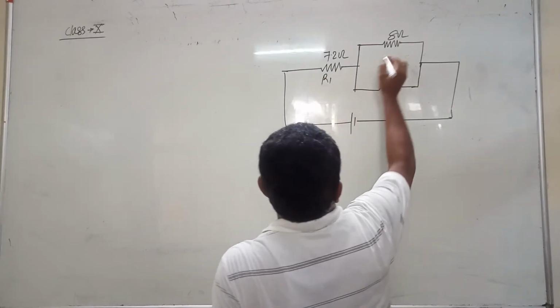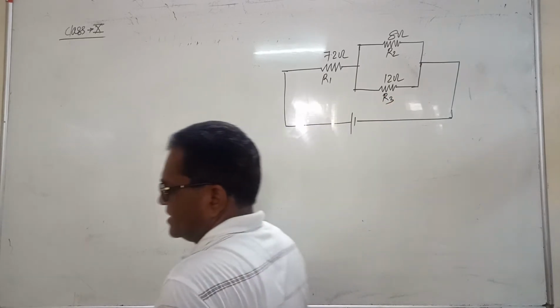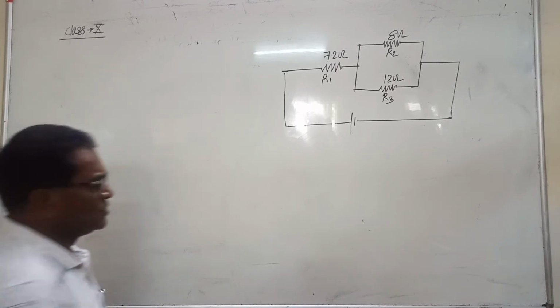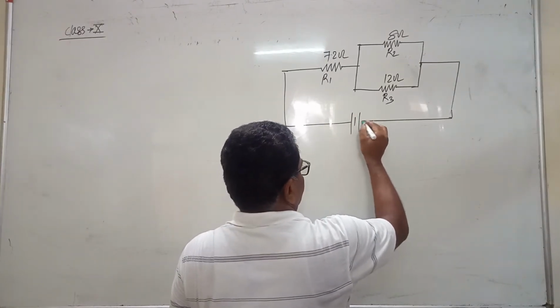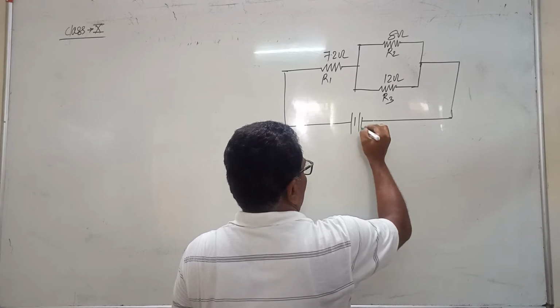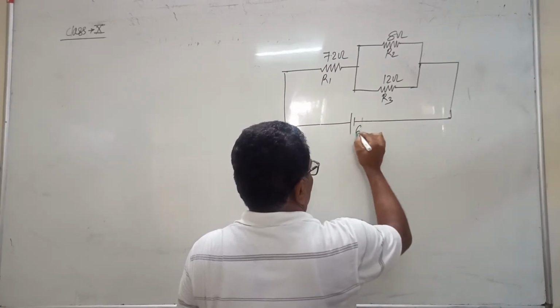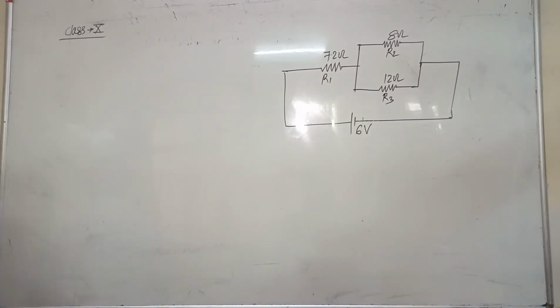This is R1, this is R2, and this is R3. There are three resistances R1, R2, R3, and they are connected through a battery, a cell of potential difference 6 volt. The potential difference is 6 volt.